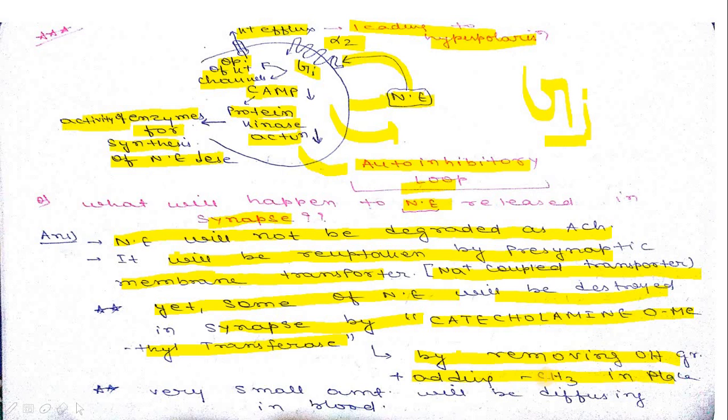So the function of the norepinephrine is getting lost. So some amount of norepinephrine will be destroyed in the synapse by catecholamine O-methyl transferase, but the maximum part is reuptaken. A very small amount will be diffused in the blood. Okay, so these are the fates of the norepinephrine which is released in the synapse.